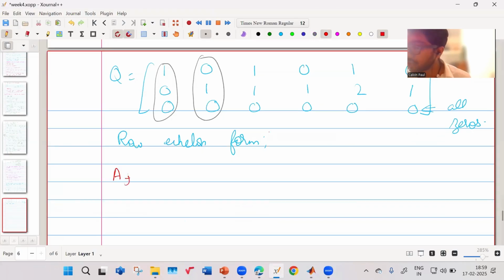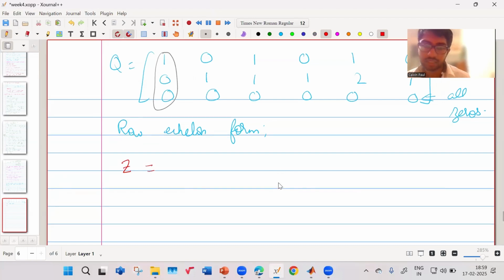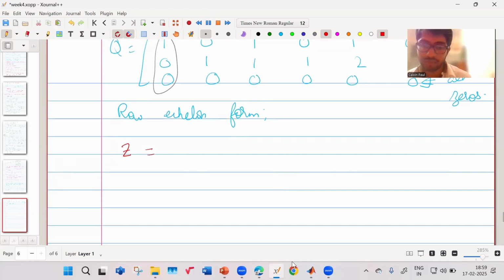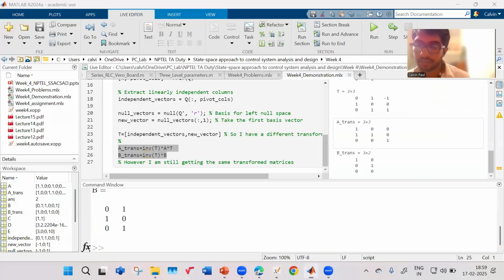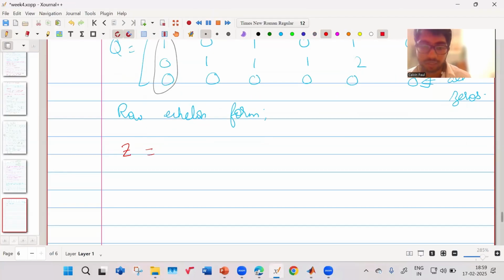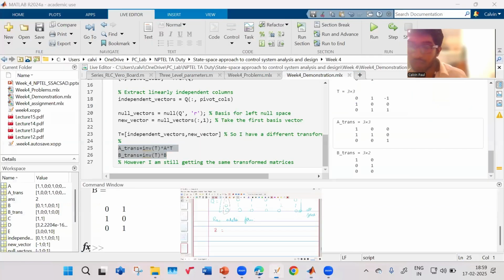A transformed. Well, let me write it a better way. X. Okay, the X, or we can write it in terms of Z. Z actually is equal to this A transform, which is given by 1 0 1 1 0.